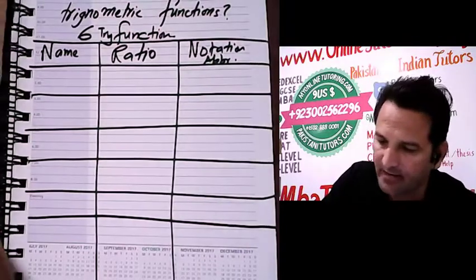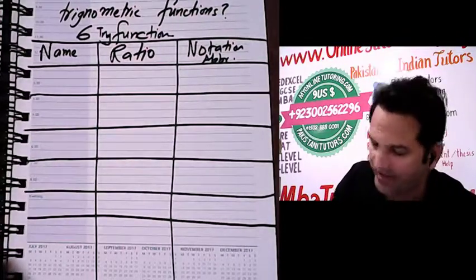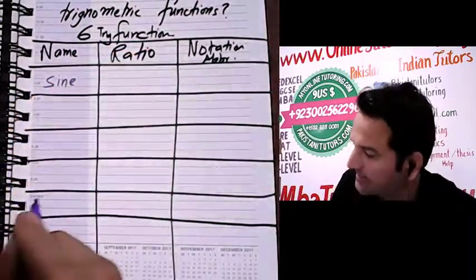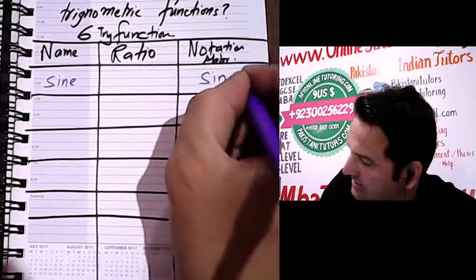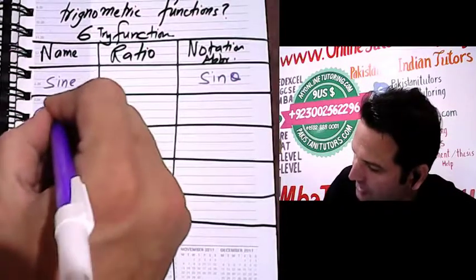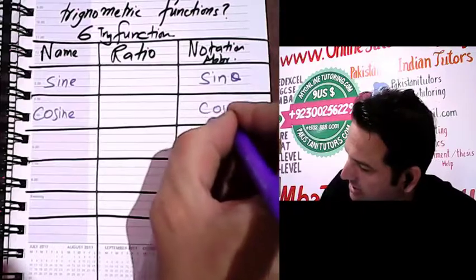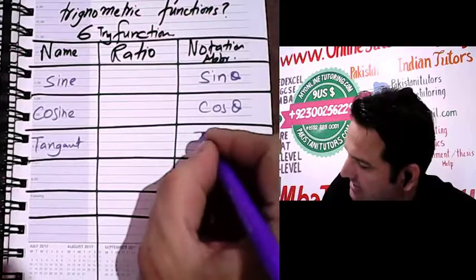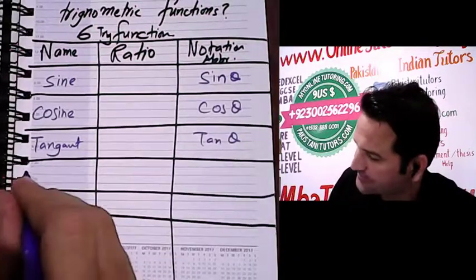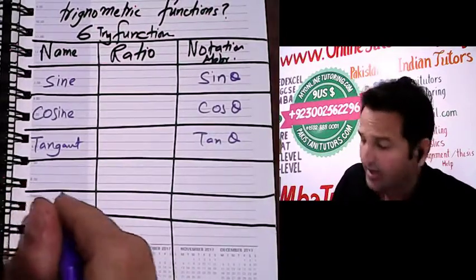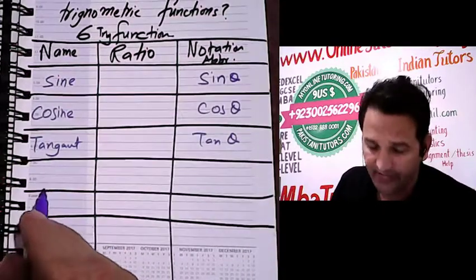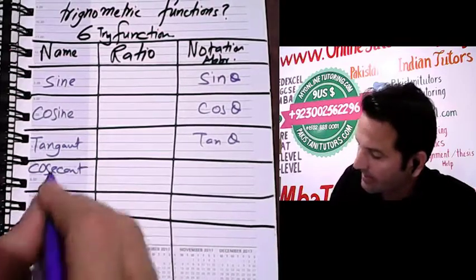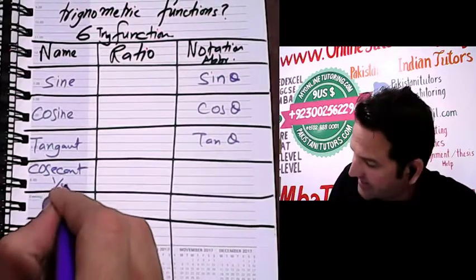Now, for example, the first one is sine, abbreviation sin theta, cosine, cos theta, tangent, tan theta, and the remaining 3 are the inverse of these 3. So the fourth one is cosecant, which is 1 over sine.